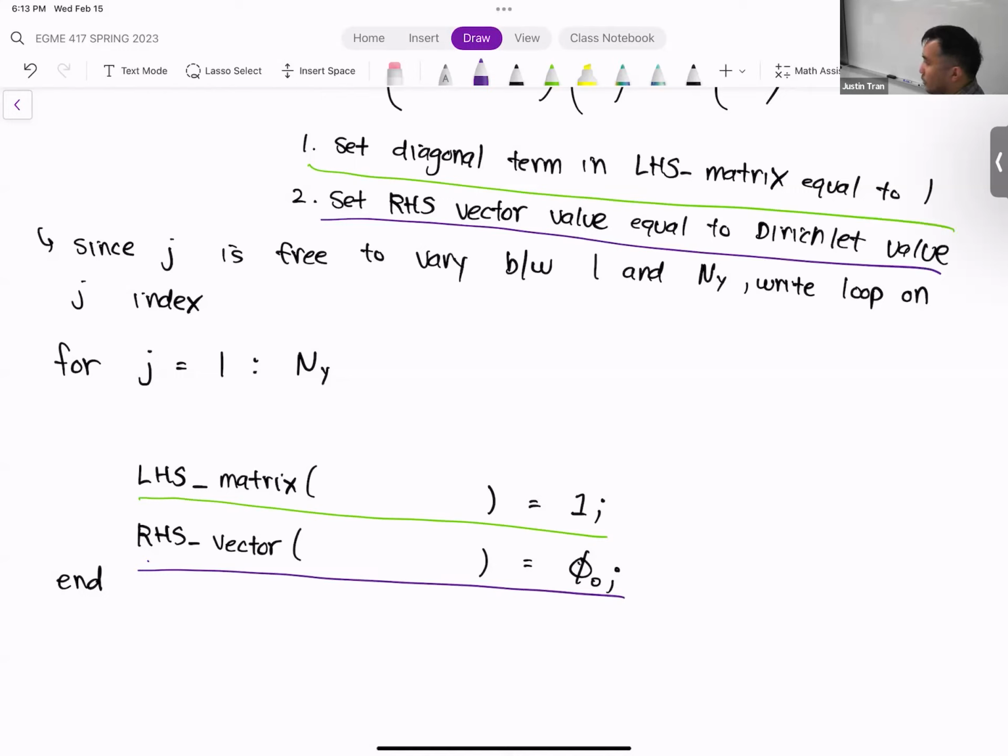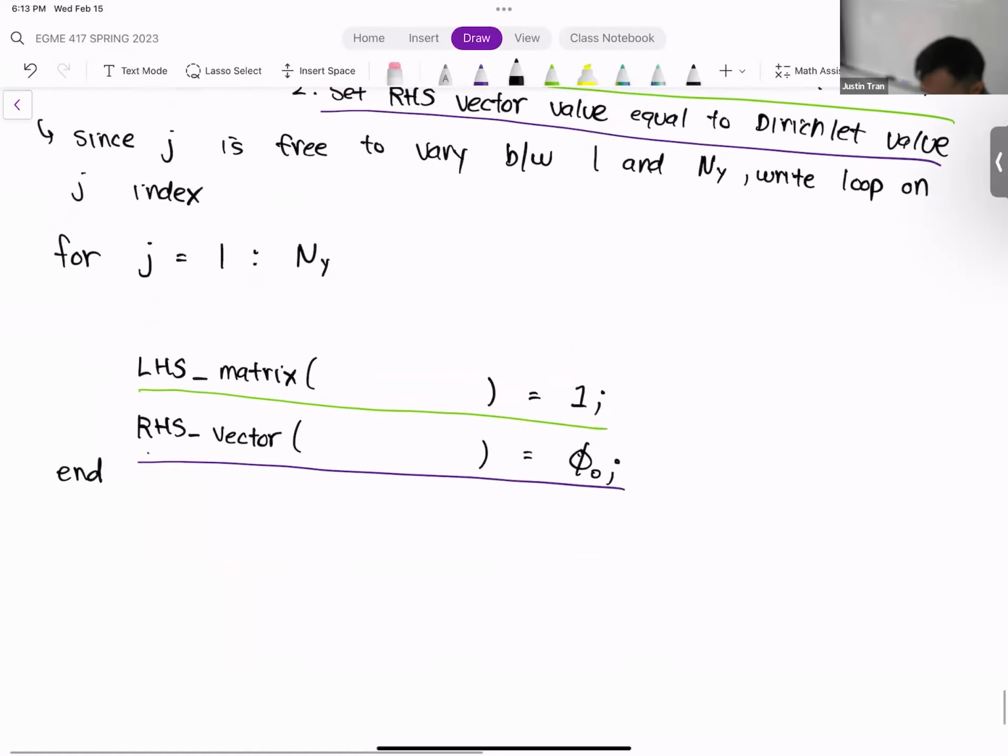In the MATLAB code, we're using the MATLAB assignment operator = to do this. Hopefully that makes sense. Even though it's in a loop now, this is the same action that we did for the 1D diffusion case.